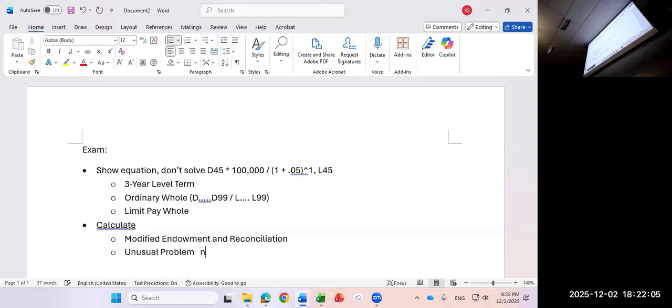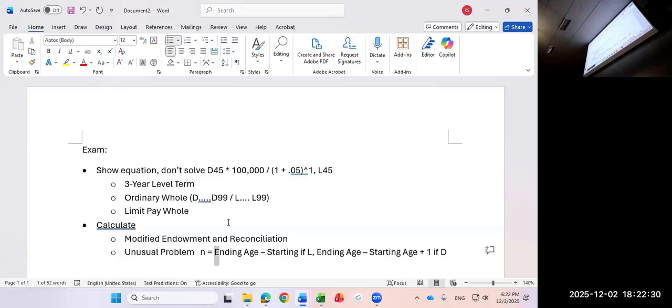how do you figure out the N? The N is going to equal the ending age minus the starting age if an L, and the ending age minus the starting age plus 1 if a D, right? If it's at the beginning of the year, you just subtract.